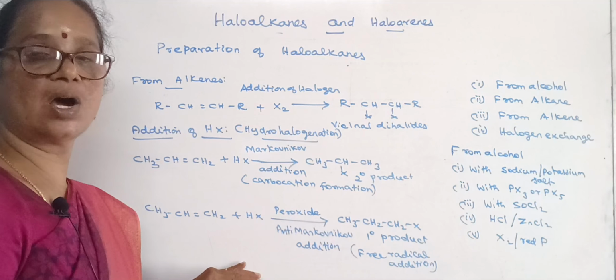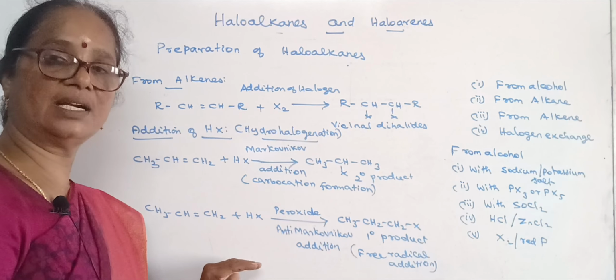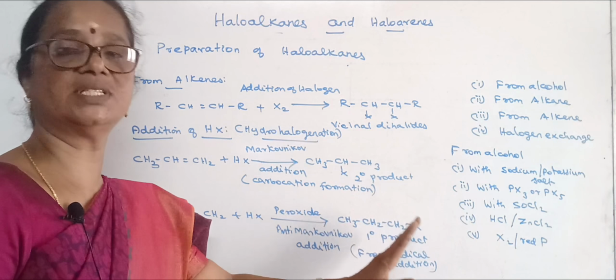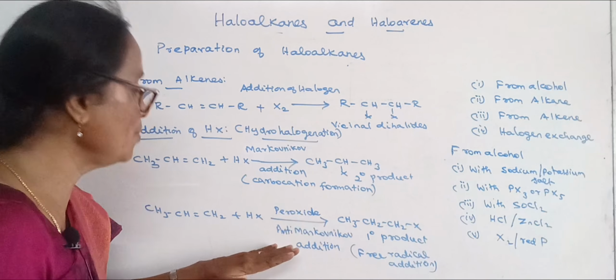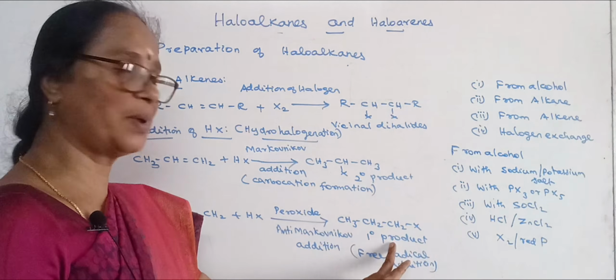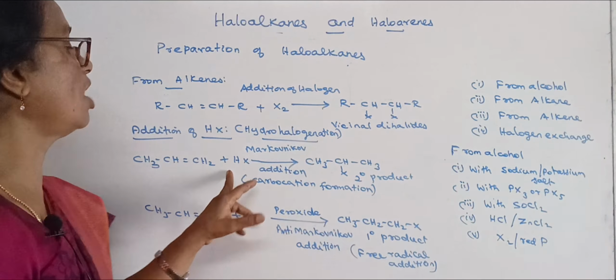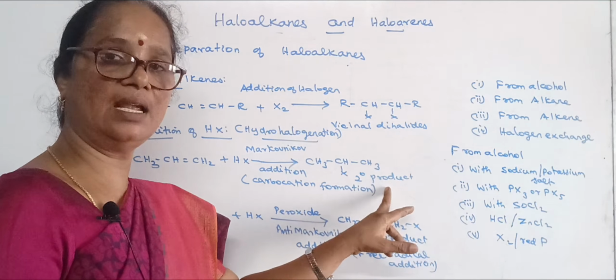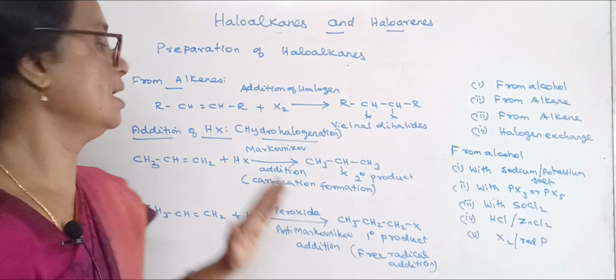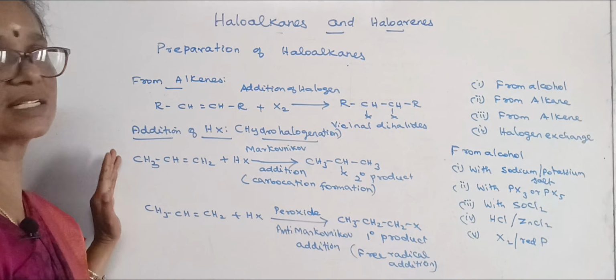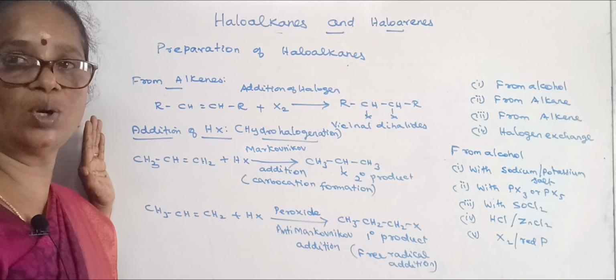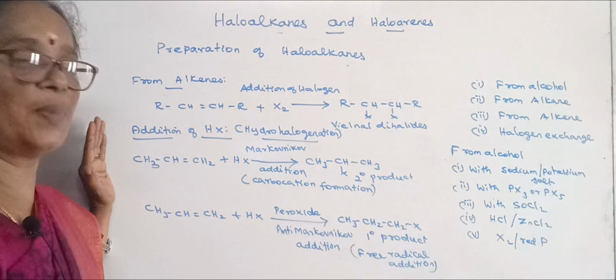In this case also, the tertiary free radicals are more stable than secondary, which is then primary. So anti-Markovnikov product is always primary product and Markovnikov product is always secondary or tertiary product. The mechanism of these reactions was also discussed in the hydrocarbon part.